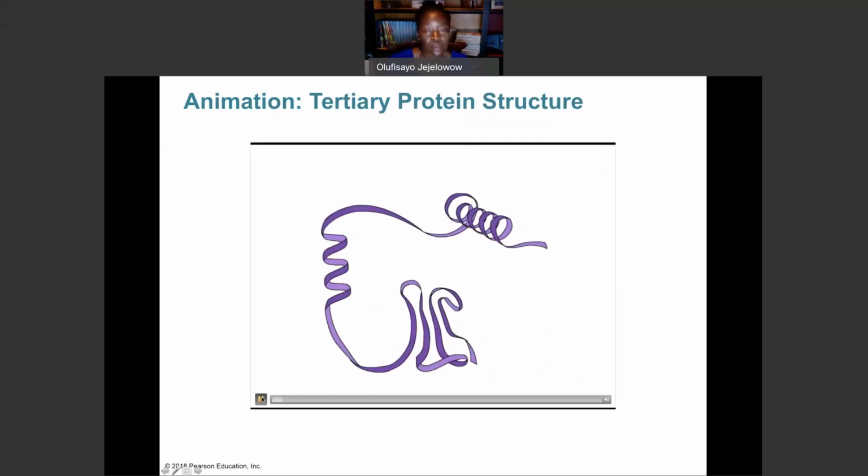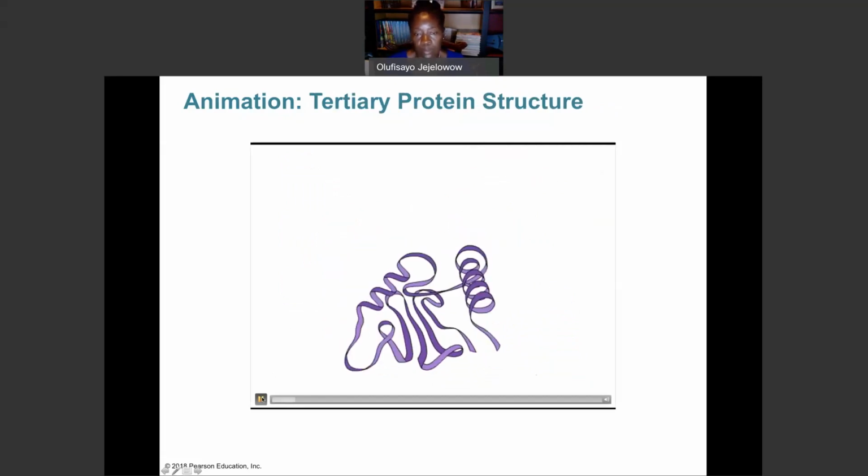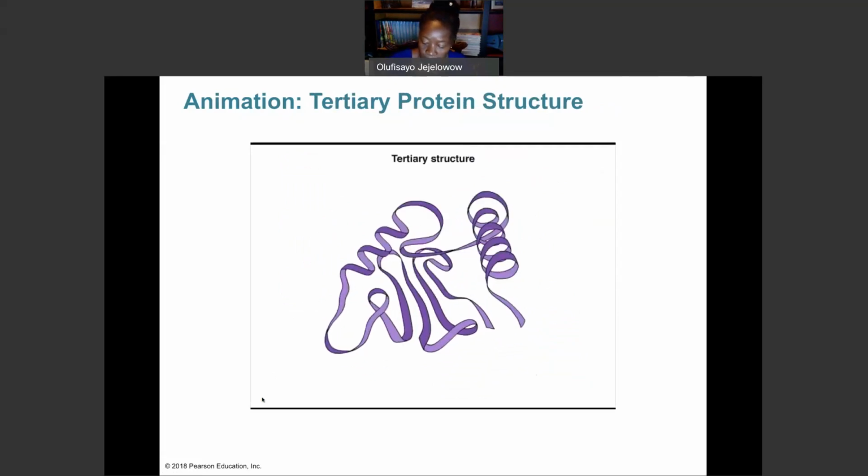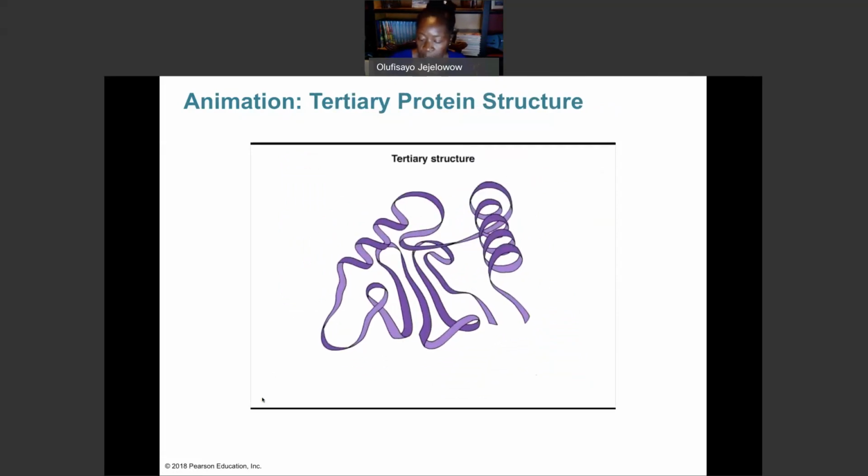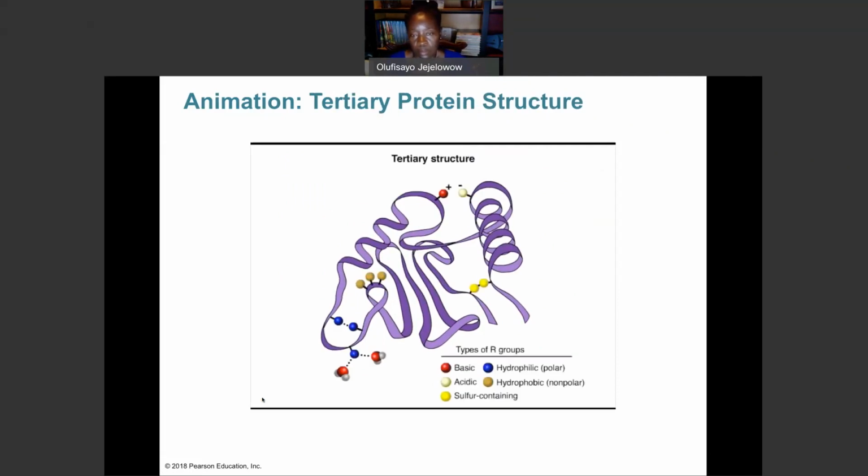Superimposed on primary and secondary structure is tertiary structure, irregular loops and folds that give the protein its overall 3-dimensional shape. The irregular folding of tertiary structure results from interactions among the R groups of amino acids. Acidic and basic R groups ionize, and these positively and negatively charged groups may form ionic bonds.